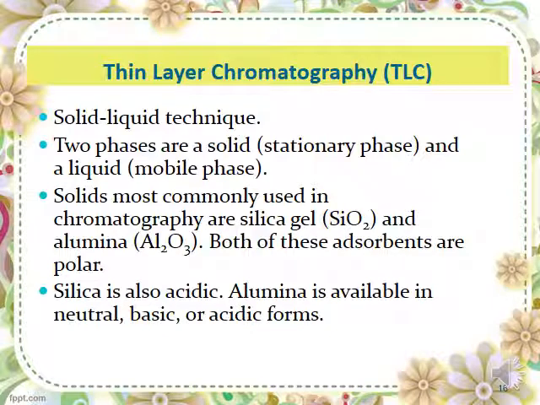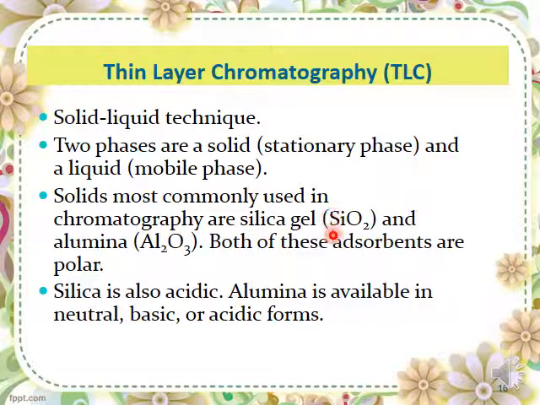Thin layer chromatography, similar to paper chromatography, is a solid-liquid technique. There are two phases: the solid stationary phase and a liquid mobile phase. The solids commonly used are silica and alumina, and both of these are polar adsorbents.